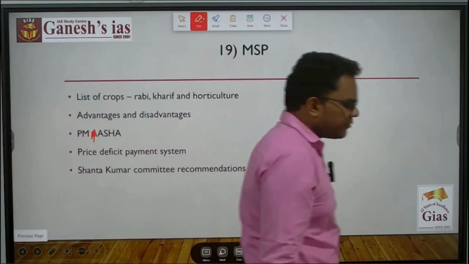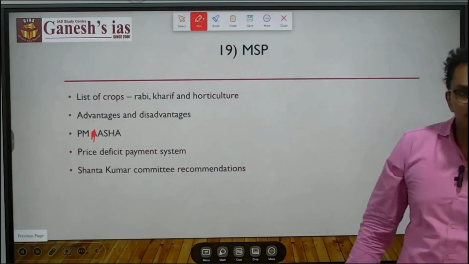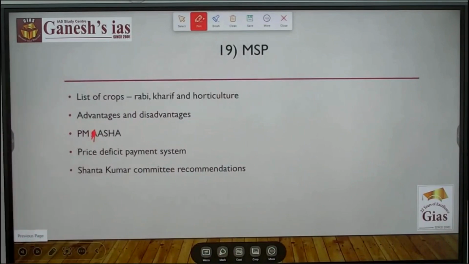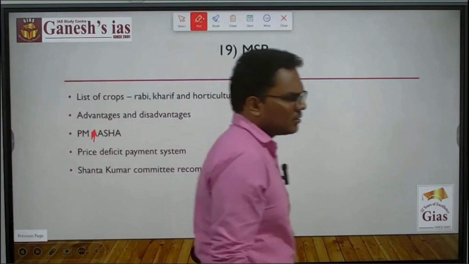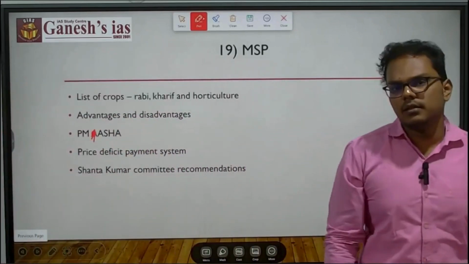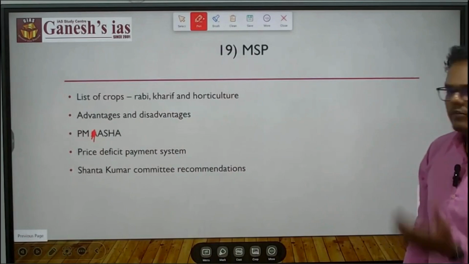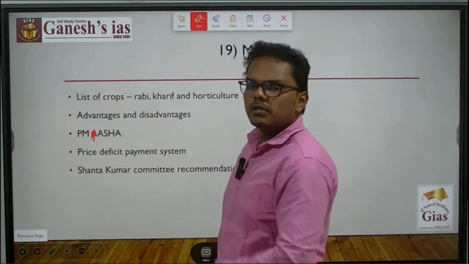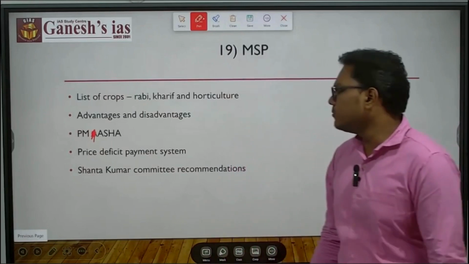So you need to know about the list of crops, kharif crops, rabi crops, or the horticultural crops for which MSP is announced. I think once that was asked in prelims, they gave a list of crops and the question was for which of the following crops is MSP announced. So that you need to know.